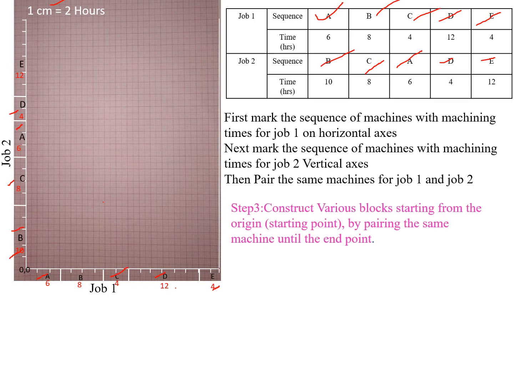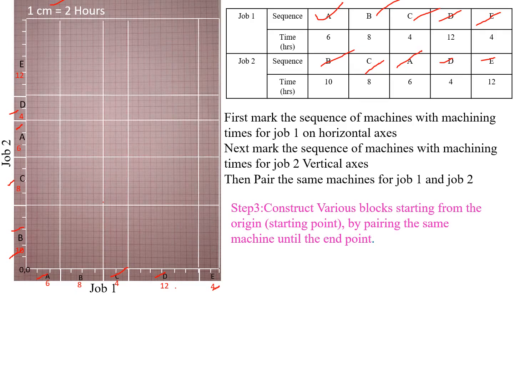The next step is to construct the various blocks starting from the origin by pairing the same machine until the end point. For this, first we draw the horizontal lines for job 2 at each machine with respect to the machining time.